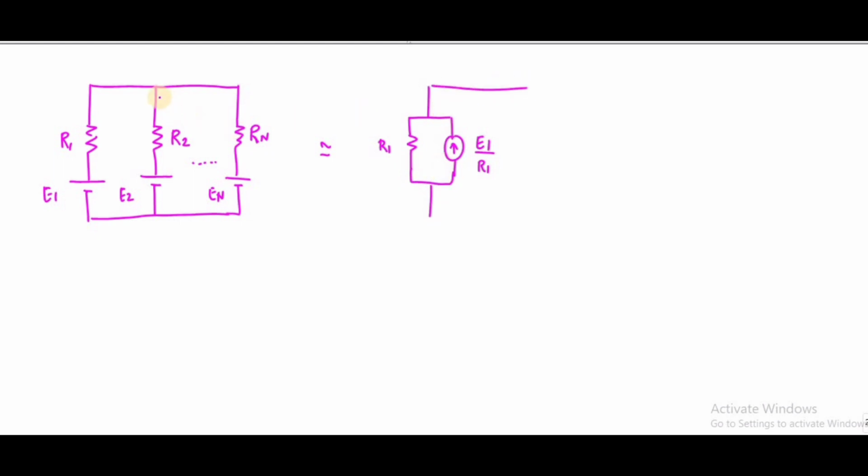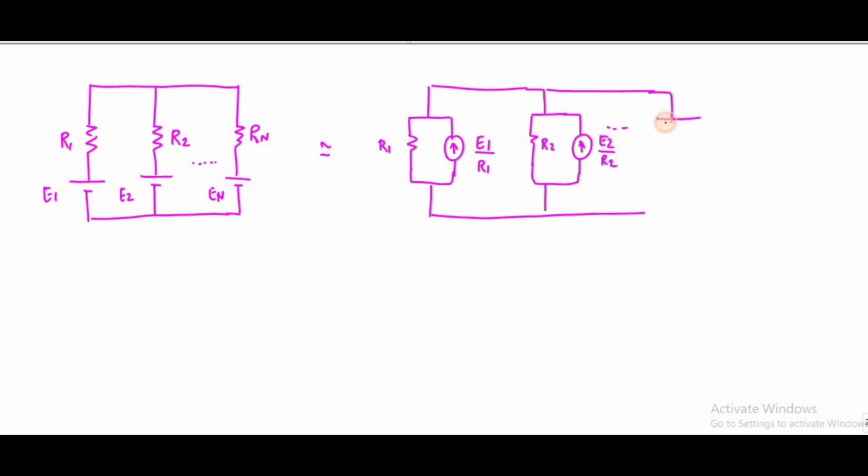So I can replace the second branch as R2 in parallel with E2 divided by R2, and this goes on up to Rn in parallel with En divided by Rn.